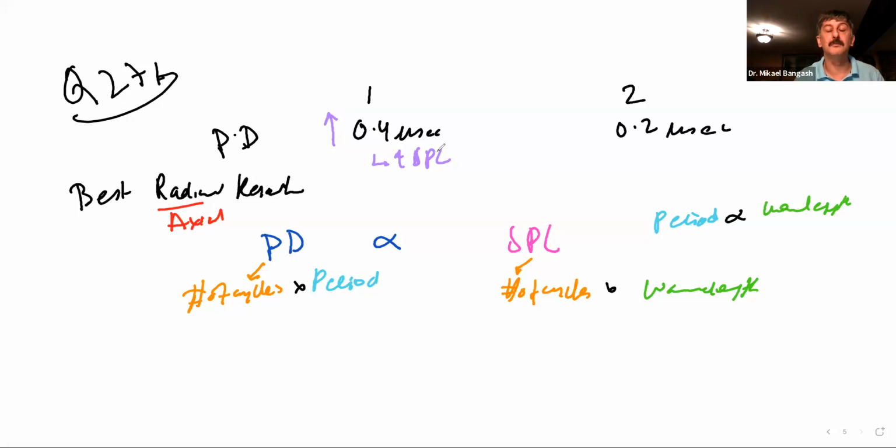Did that make sense, girls? Whereas when we have a lower period, or lower pulse duration, sorry, we indirectly have a lower spatial pulse length.